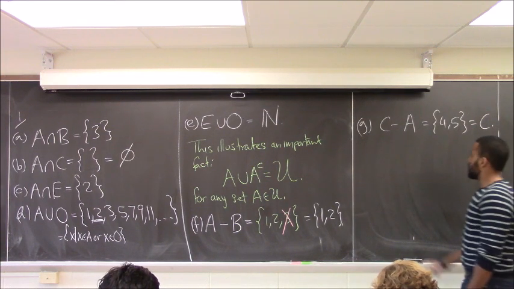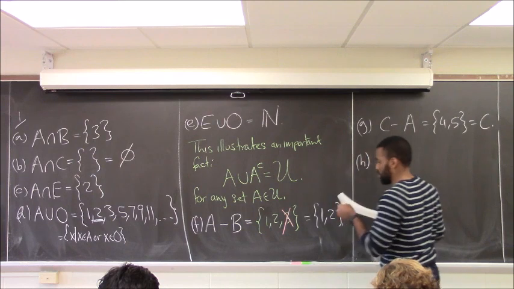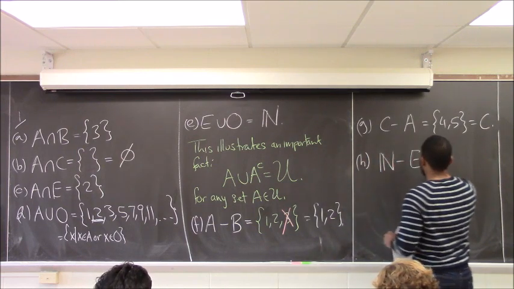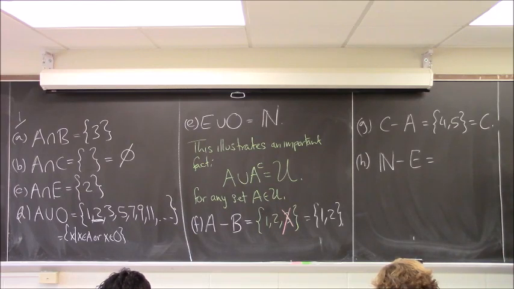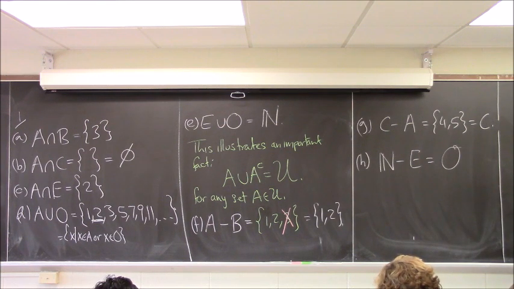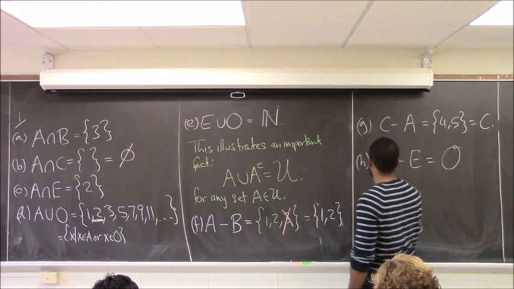So if I take N minus E, what do I get? You get O, not the set containing O. O is already a set.